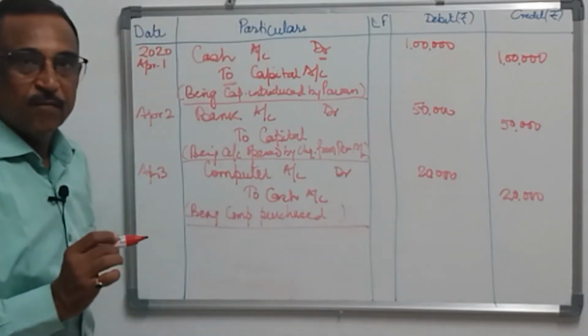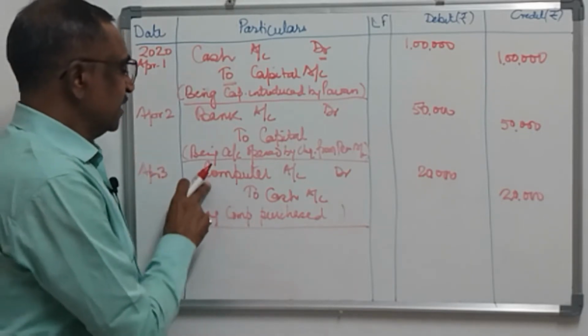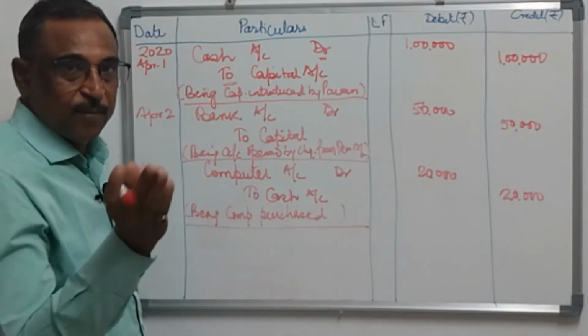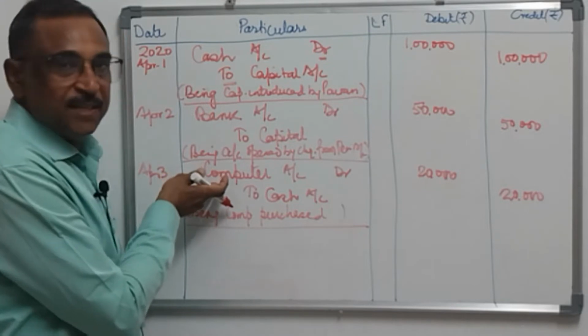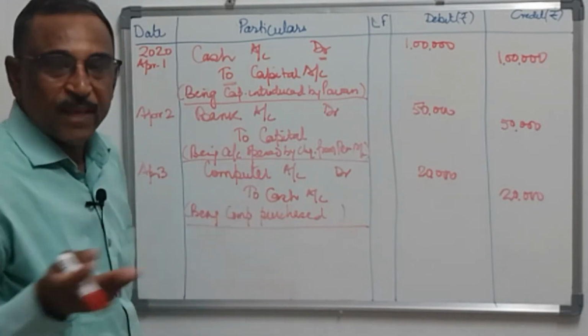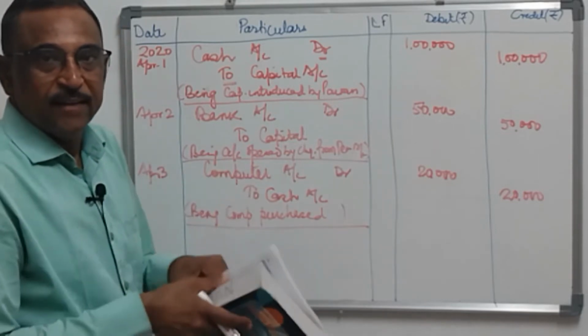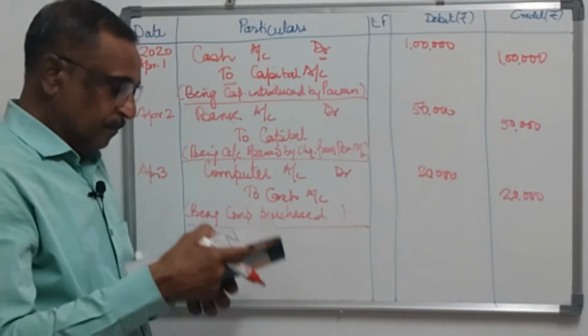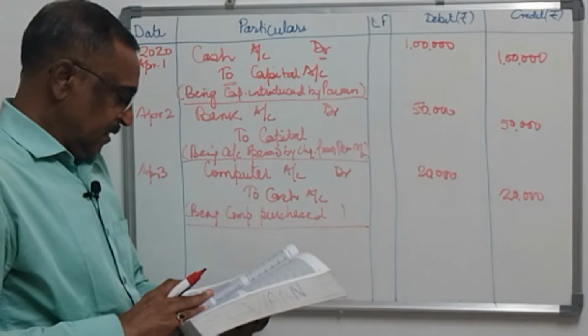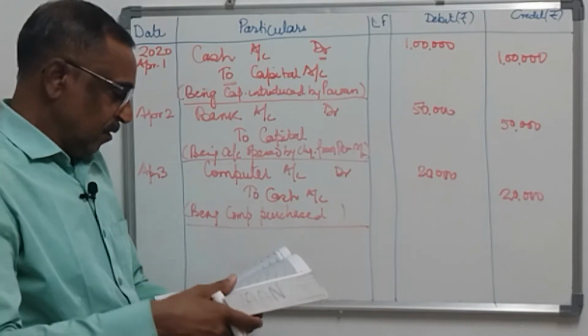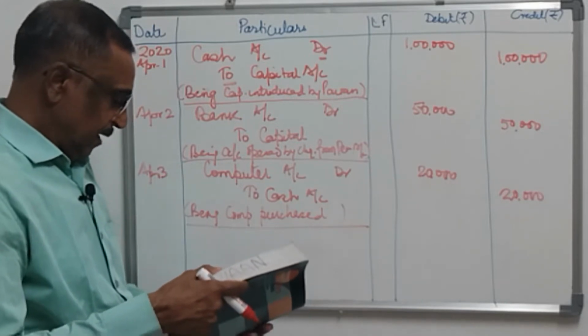Here both the accounts involved are real account. One is computer, you are purchasing computer, business is getting computer. What comes in is debited. And cash, cash is going out to cash. Okay. Next is paid for repairs of office on April 4.